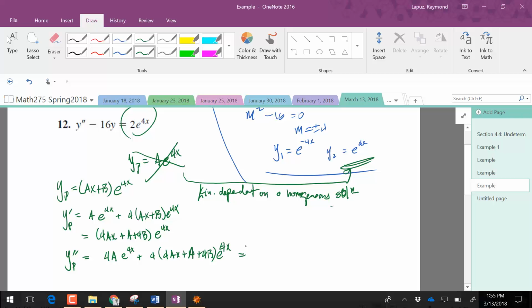And then again, I probably want to simplify this because I'm going to end up putting this back into the differential equation, and so I want the simplest terms I can get. So I have 16ax as my linear term, and then I have a 4a, that's 8a, and then a 16b.